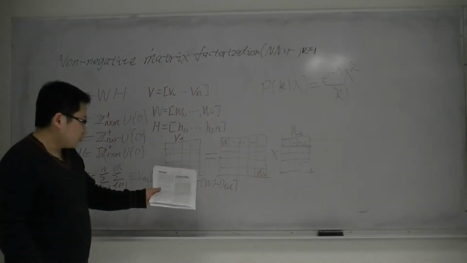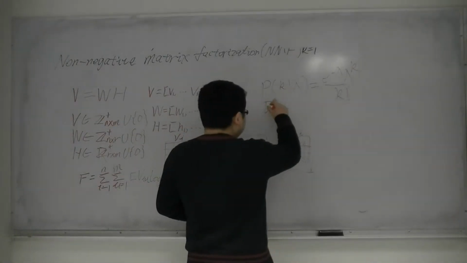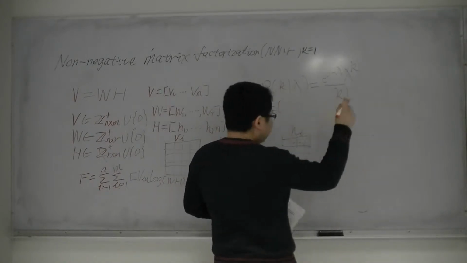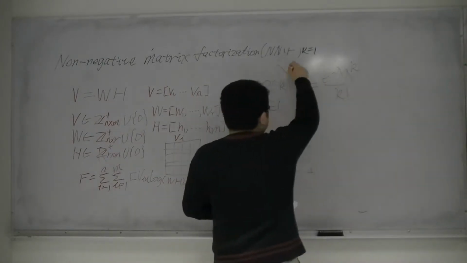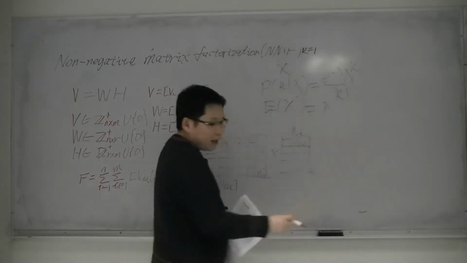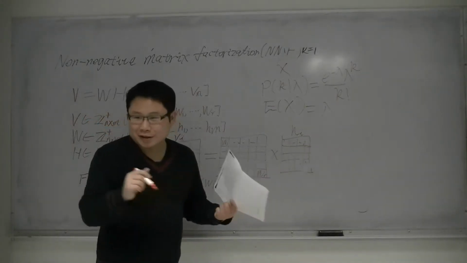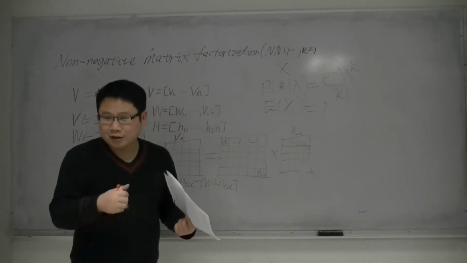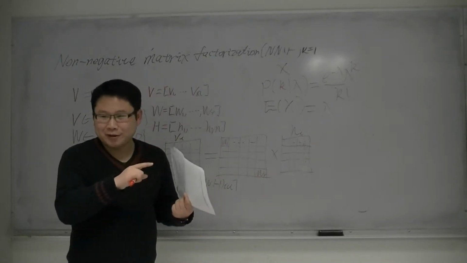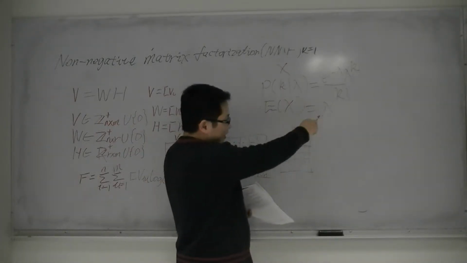So we know in the Poisson distribution, if x follows the distribution, then its expectation is lambda. You know this. The variance is also lambda.